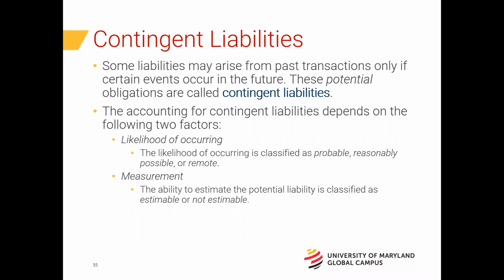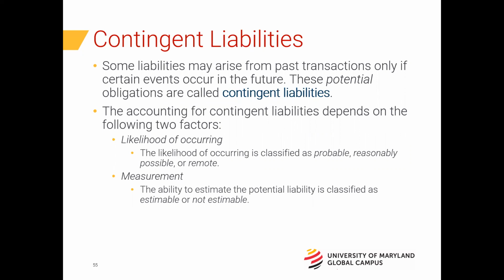Let's look at some factors. With these types of transactions, we have this thing called contingent liabilities. Contingent liabilities are expressed as the likelihood of something happening, and there's a measurement associated with that estimation.